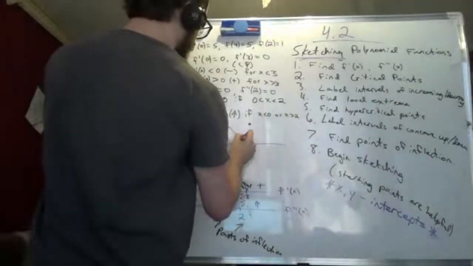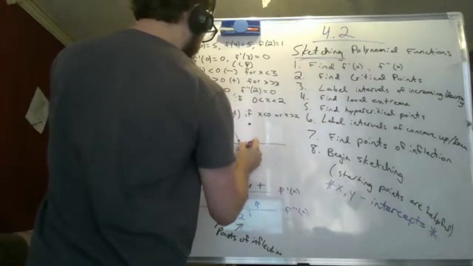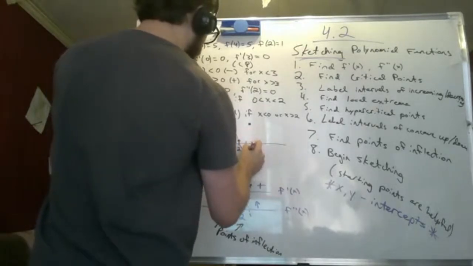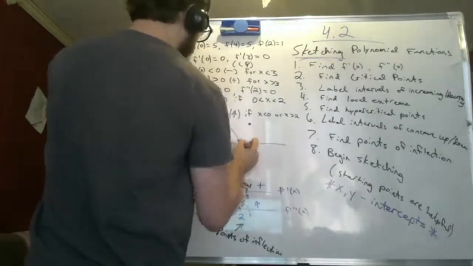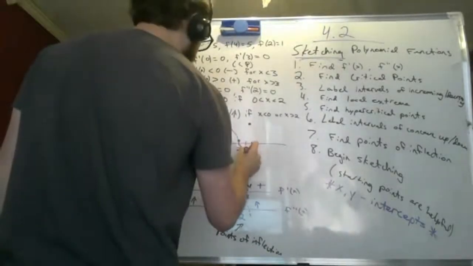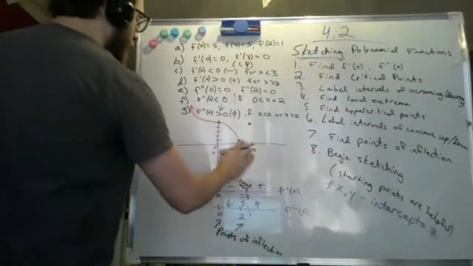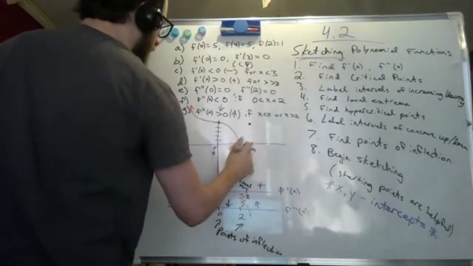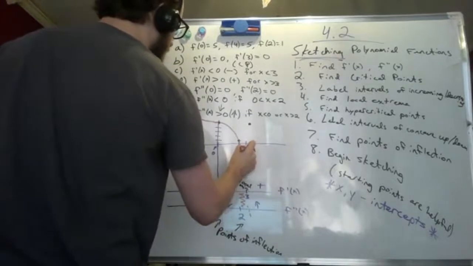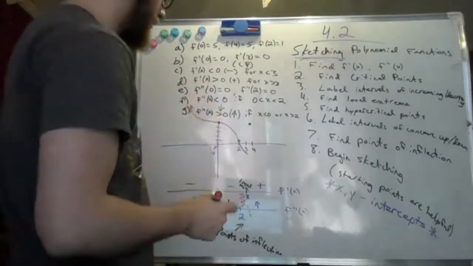So still decreasing, but we're concave up until we hit 3. So what happens at 3, and I don't know if 3 is actually down at this point I have labeled or not. It could be further down, it could be up higher. Point being, this is just a sketch. So I'm decreasing and it's concave up.